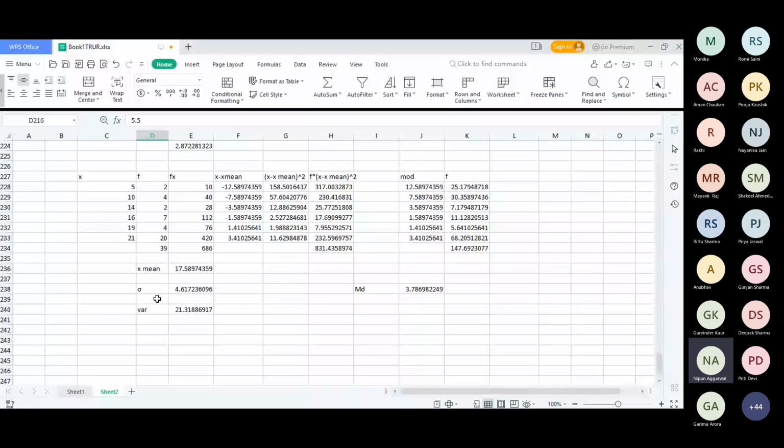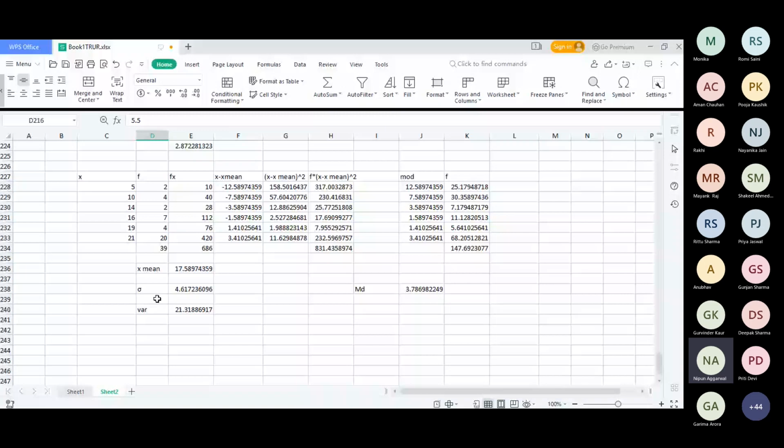We need not calculate the mean separately. But this method is only applied when it is a standard deviation and also about the mean. If it is standard deviation about mode or about median, we have to do it the way we have already done. But if it is asking for standard deviation about the mean, then we can use this method which we are using now.